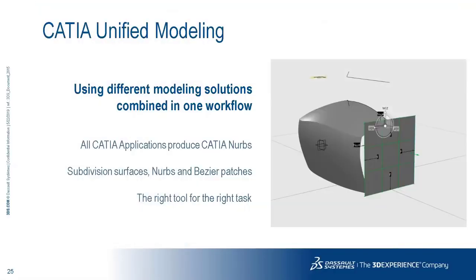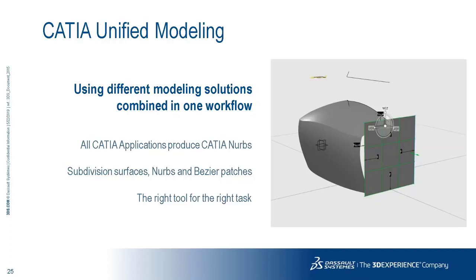One of the biggest strengths of CATIA, I would say, is that it doesn't matter which application you are using and which mathematics are behind it, whether it be subdivision surface modeling, CATIA ISM Bézier modeling, or CATIA NURBS modeling. All the surfaces that you create in CATIA are real CATIA surfaces, and that means that they can interact with each other.